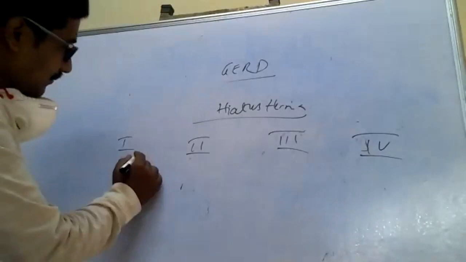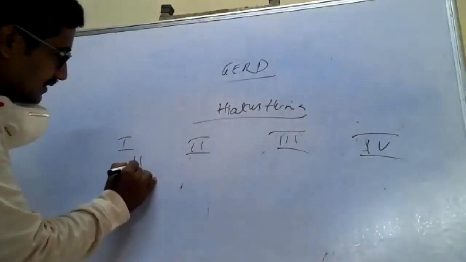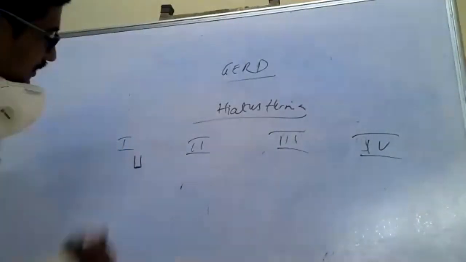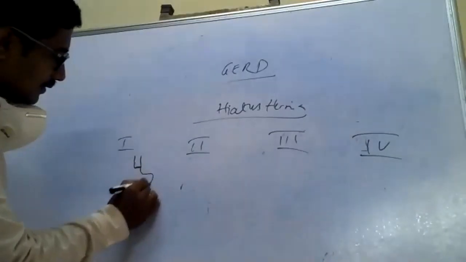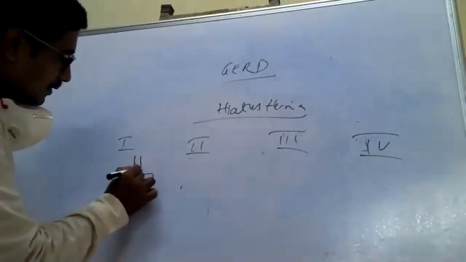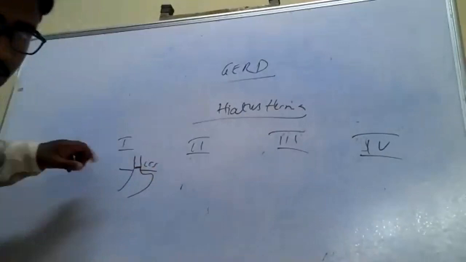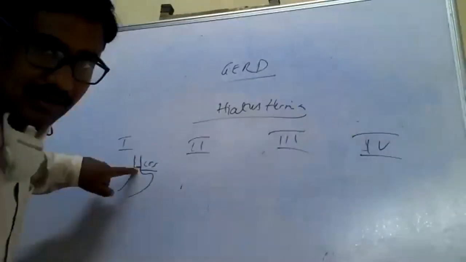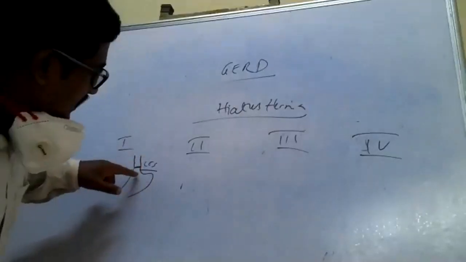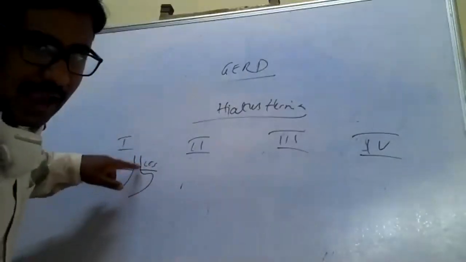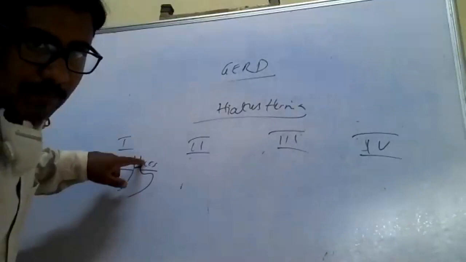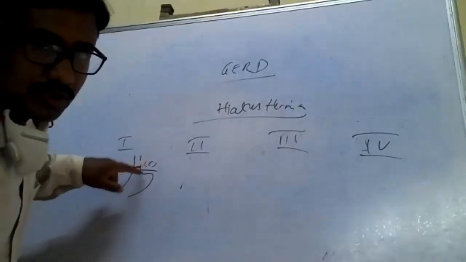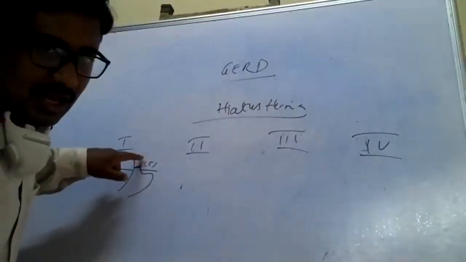Okay, in type 1, this is the lower esophageal sphincter. Due to herniation, this lower esophageal sphincter will be above the diaphragm. So this lower esophageal sphincter is present in the thorax.